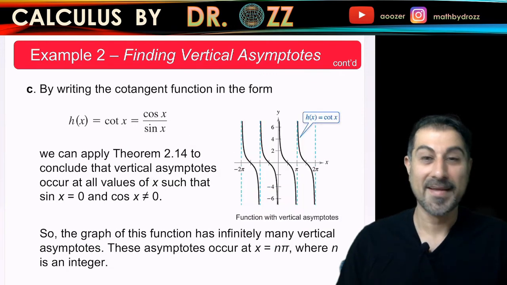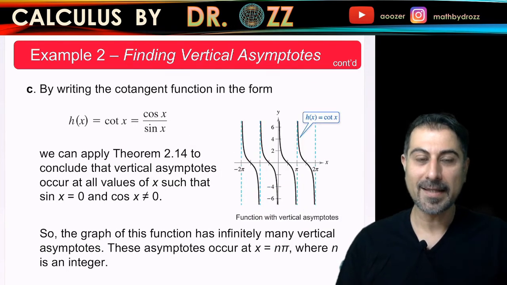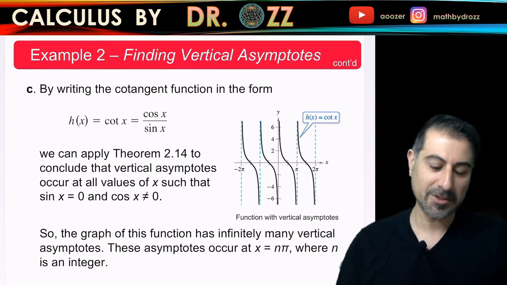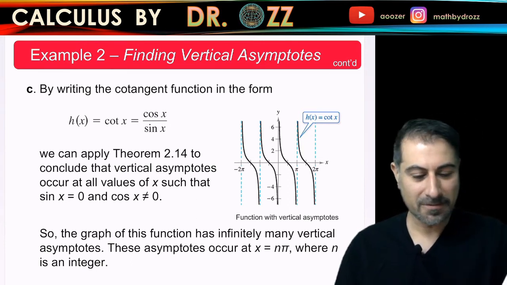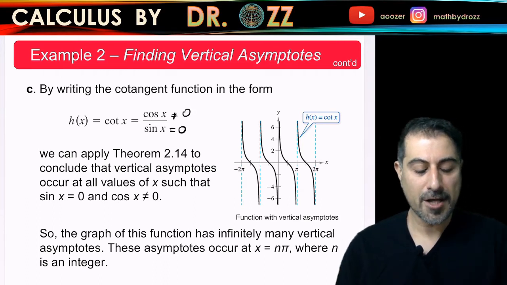And here is our final example in this list. It's cotangent x. It's a trig function. Cotangent x, as you may remember, is cosine x over sine x. And you're looking for x's for which the bottom is 0, the denominator is 0, and the top is non-zero.